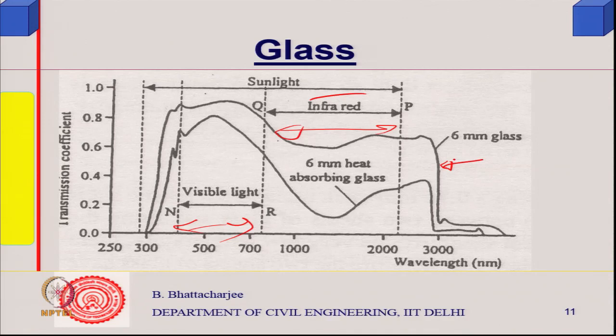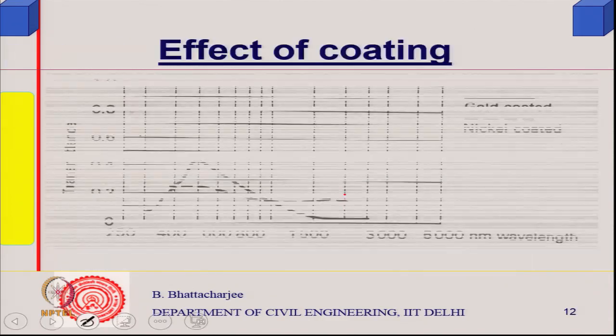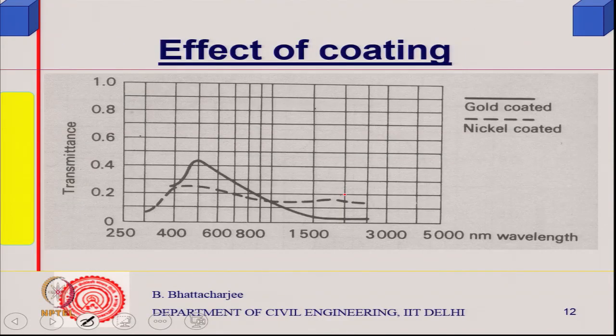But if you have a heat absorbing glass, then this gets reduced somewhat, but this is significantly reduced. And the net effect, of course, we see in the solar gain factor, which you shall see in a moment.